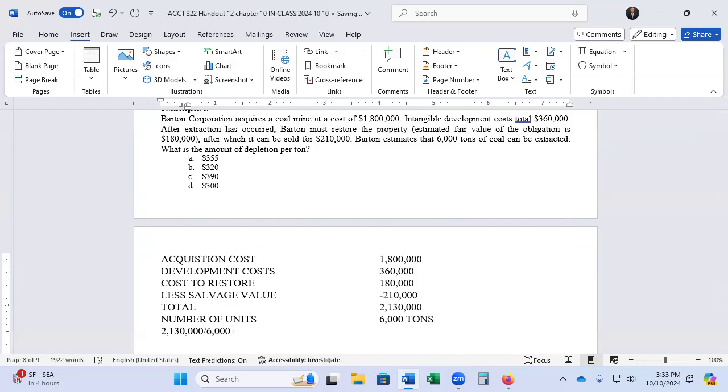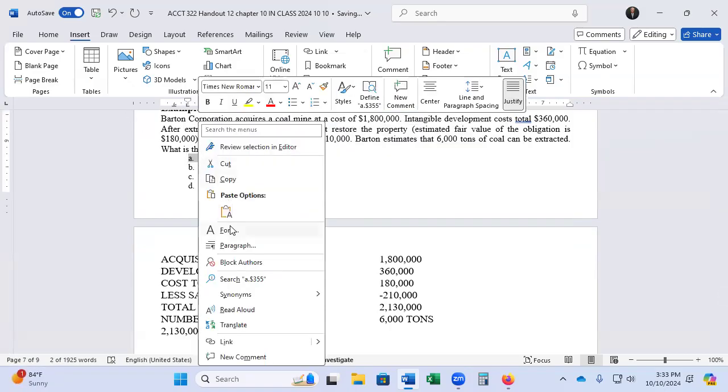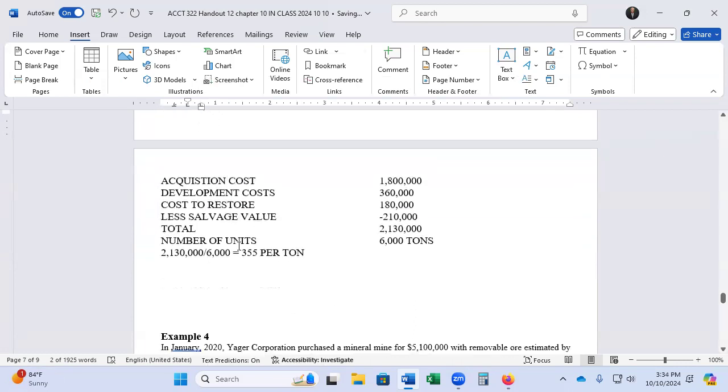And that should equal $355 per ton. Any questions there?